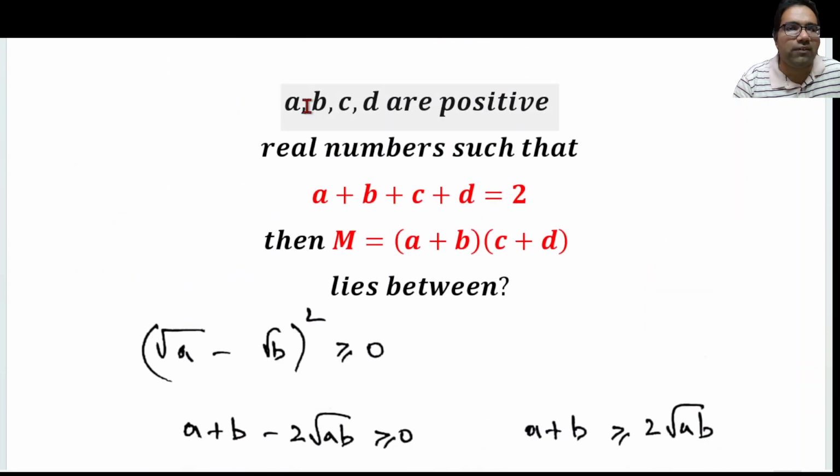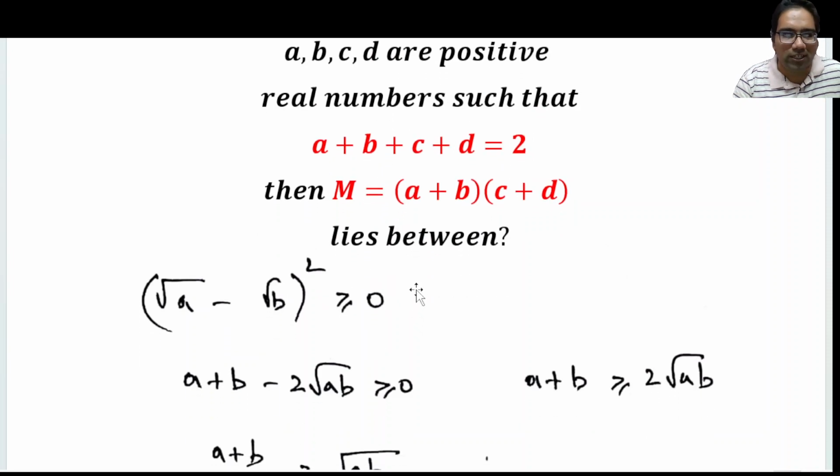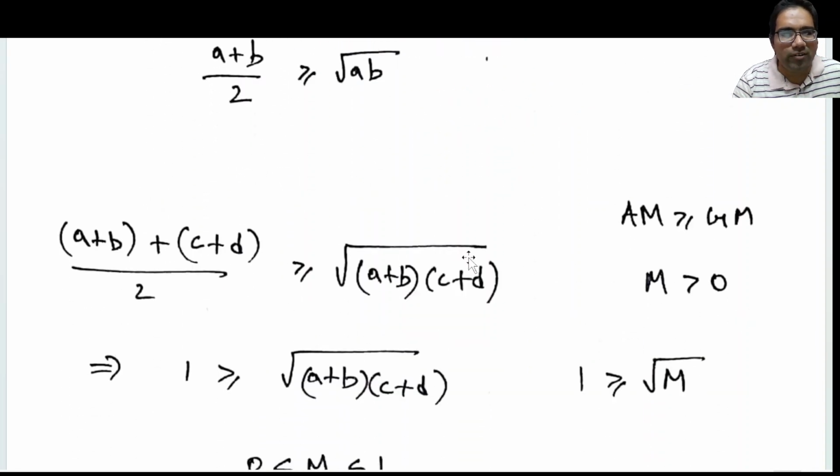Please be careful. Here we are given all a, b, c, d are positive. If, let's say, one of them is negative, then we cannot apply this AM-GM inequality. Why? For example, if let's say d is negative and c is positive, and c plus d comes out to be negative. Let's say c is 1, d is minus 2. So c plus d becomes minus 1.